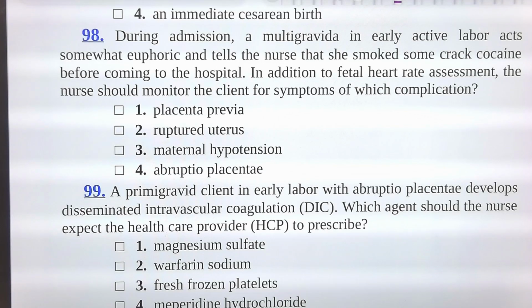During admission, a multigravida in early active labor acts somewhat euphoric and tells the nurse that she smoked some crack cocaine before coming to the hospital. In addition to fetal heart rate assessment, the nurse should monitor the client for symptoms of which complication? That is abruptio placentae.